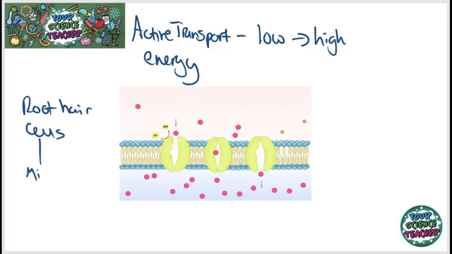They contain lots of mitochondria in order to have the energy to be able to get enough minerals. In this picture, you can actually see the concentration on the outside of the cell is less than inside the cell. However, they are still being transported into the cell in order to provide enough minerals.